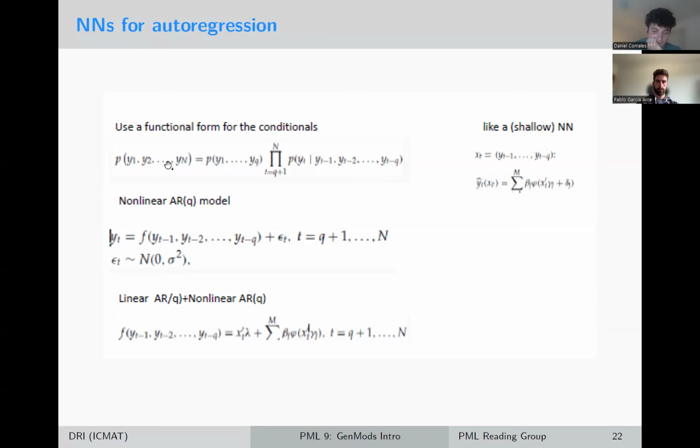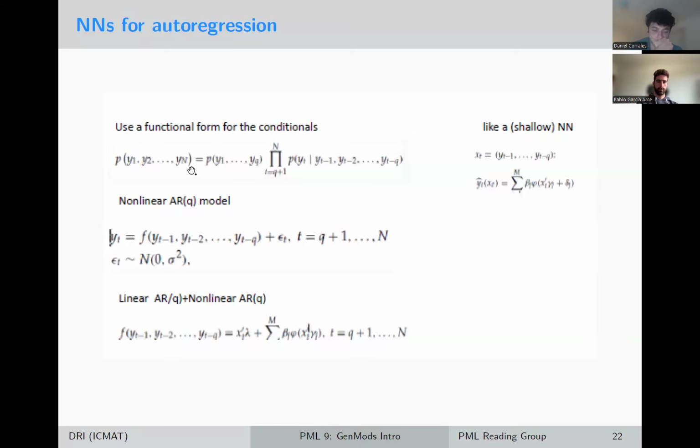That's a bit old stuff, and I don't have the files anymore. So the idea would be to make an autoregressive assumption of order Q.